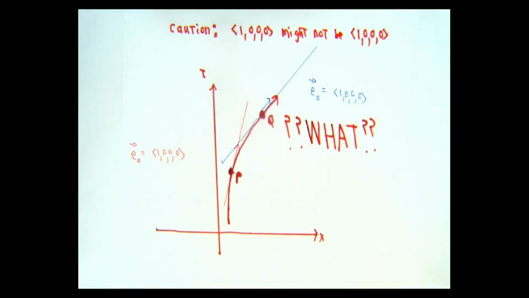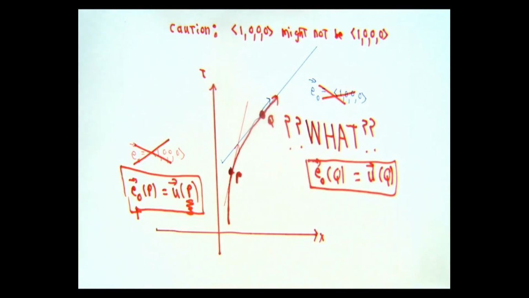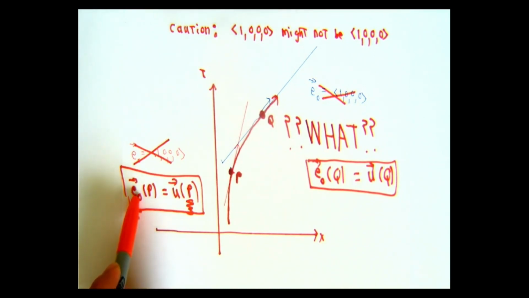The first time I came to this realization, it really bothered me until I figured out that the problem was actually the solution of the problem also. What we should have said is the 4 velocity at point P is equal to the time basis vector at point P, and now all ambiguity is removed.